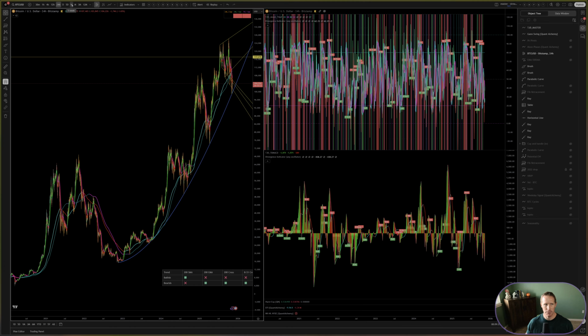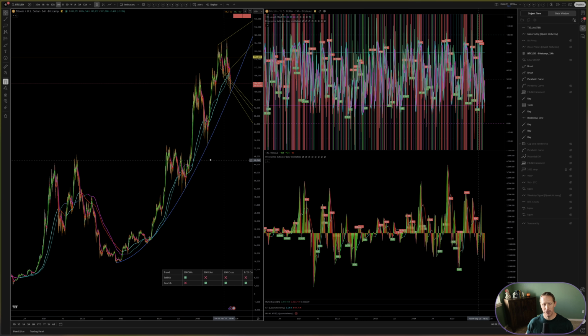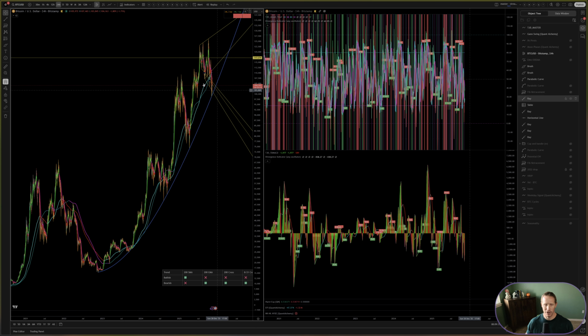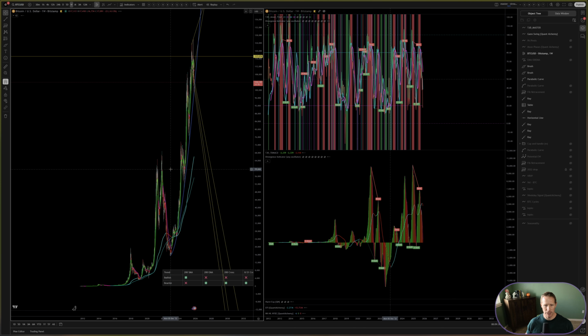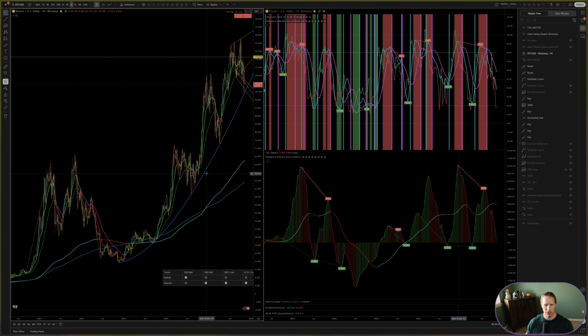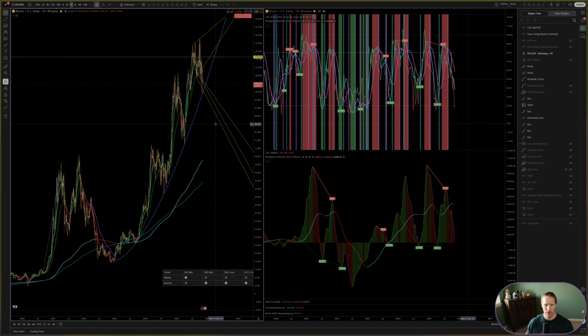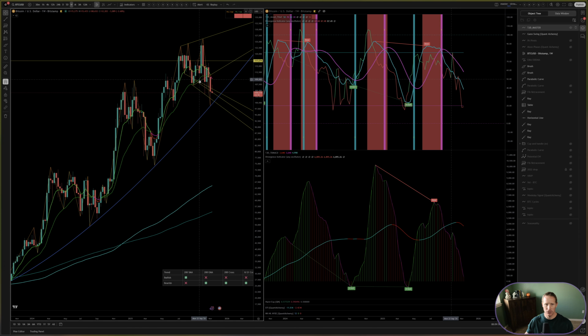One other thing I wanted to mention while I was looking at this: while I tend to look at the daily time frame, this is fairly clear here. I do like to go up to the larger time frames when I'm using something like a parabolic trend that's going to go over a longer period of time. It's just a little bit easier to look at. If I'm looking at the master strategy here from the weekly time frame, I just wanted to call out that we are getting the potential first tick of negative price action on the weekly time frame.